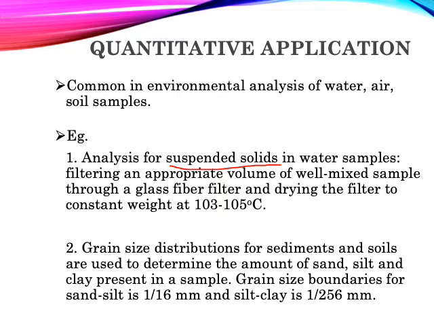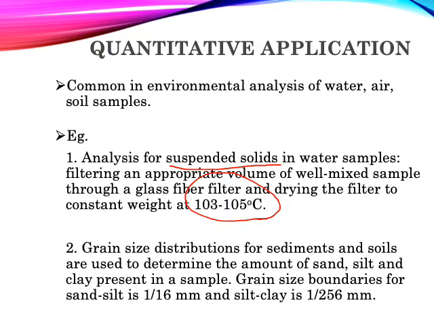So you need to filter out the appropriate volume of well-mixed water sample through a glass fiber filter and dry the filter until all of the water is removed, at constant weight. To get the constant weight, usually at the temperature of 103 to 105 degree. Okay, this is usually a temperature to remove the water, more than 100 degree.